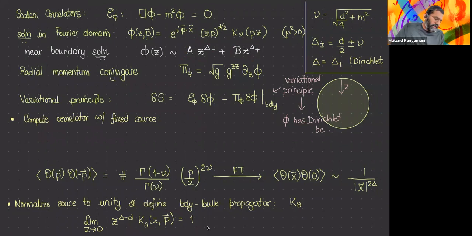Because if I basically add a term to the boundary action, which is pi phi times phi, then I'll get an additional boundary variation which will cancel this term and leave behind delta pi phi phi.